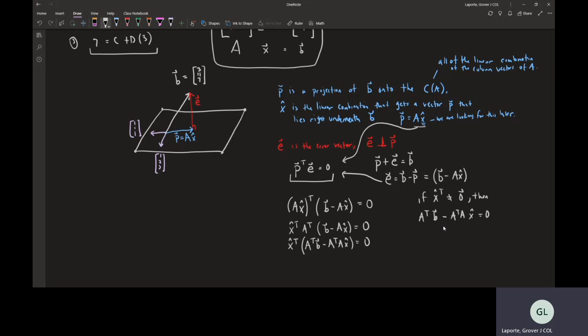And we know that X hat is not equal to the 0 vector because that wouldn't make any sense. That would be this thing that we're looking for, and we don't want that equal to 0. So this is true, and therefore we can take it to the other side. I'm just using algebra now. A transpose A X hat is equal to A transpose B. So this is the key equation that we're looking for.